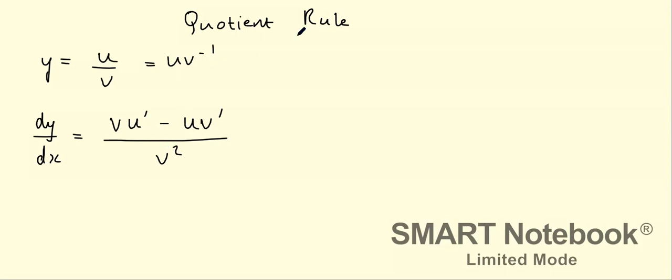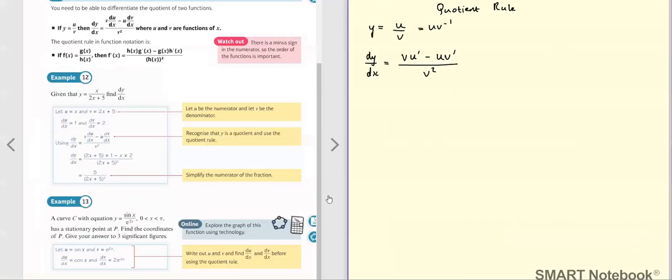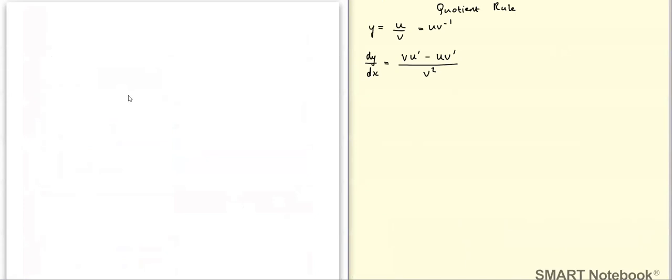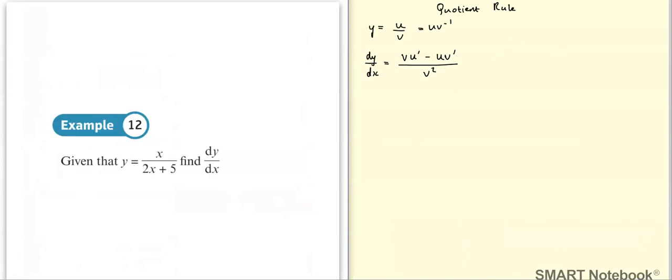The quotient rule is especially beneficial for certain trig proofs. Okay, so that's why you learn about the quotient rule. Now, let's see how this translates into some questions. Let's just have a go at this. So I'll show you how this works out.